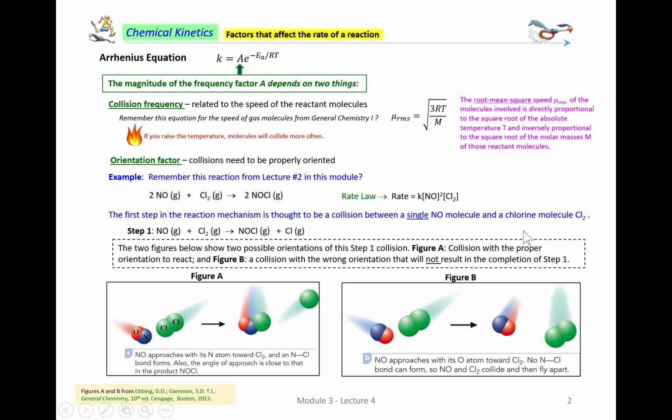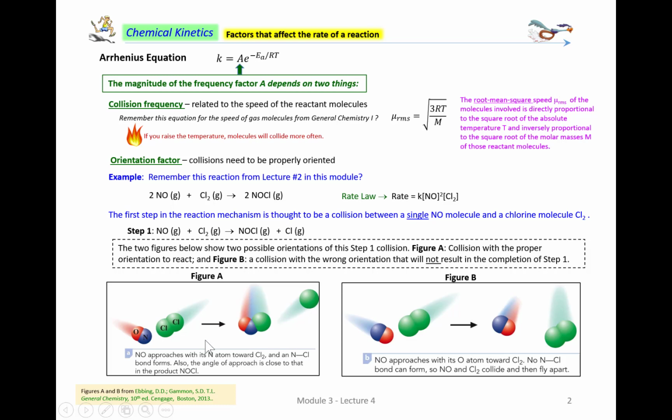Now the two figures below show two possible orientations of this step 1 collision. In figure A, we have NO colliding with a chlorine molecule in a way that the collision occurs between the nitrogen on the NO and one of the chlorine atoms in the chlorine molecule to form NOCl and a chlorine atom.